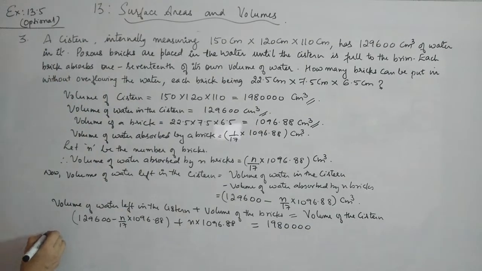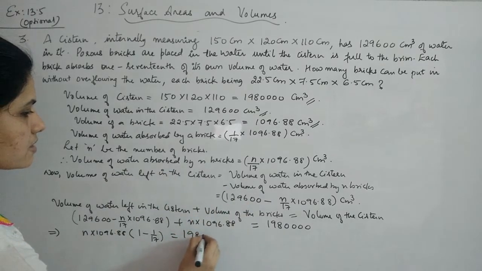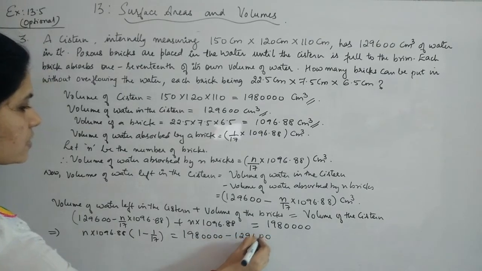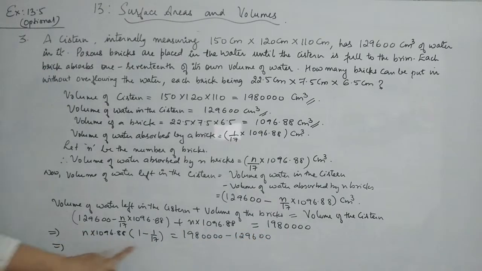Okay. Now this is a number, this is also a number, and here you have both N terms, and they have something in common. N into 1096.88 is common in both. So you'll get N into 1096.88 in common. Taking it out, this will give you 1. Here it is left with 1 by 17. And this number is going there, so it will become 198,0000 minus 129,600. Okay, so this will become 16 by 17.